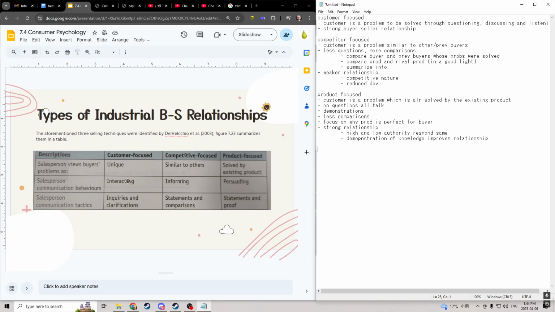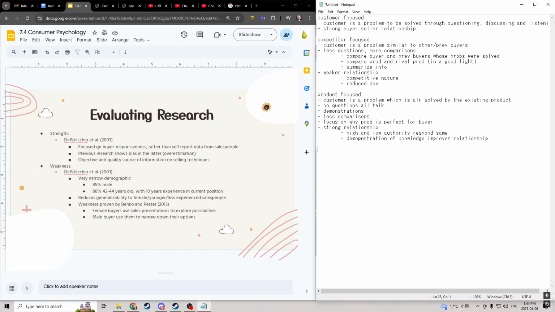Yeah, here's this table. You don't really have to know about it. It's whatever. Evaluating research. Okay, we have to go through this a little bit. So eval of this is that strength.